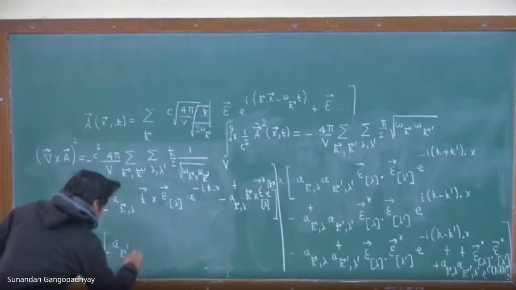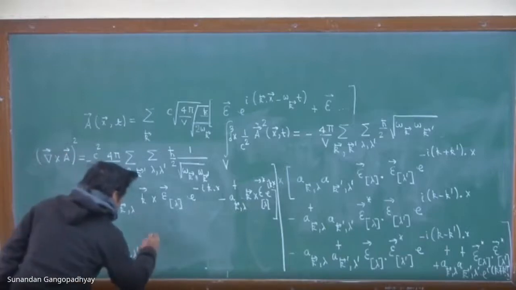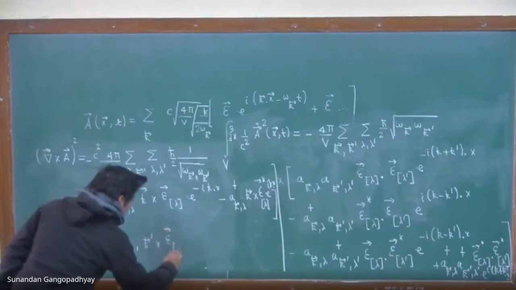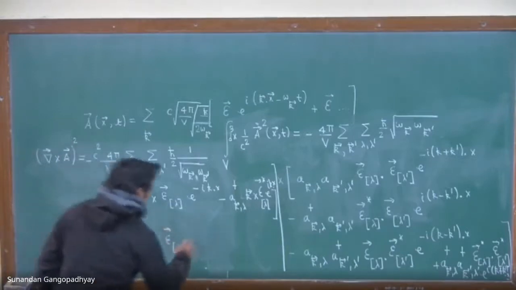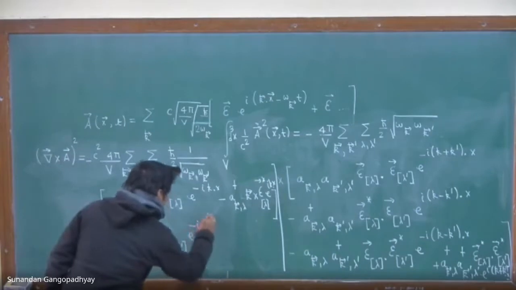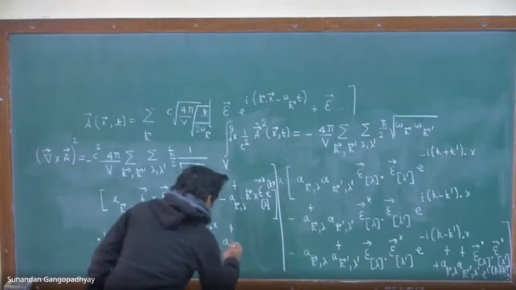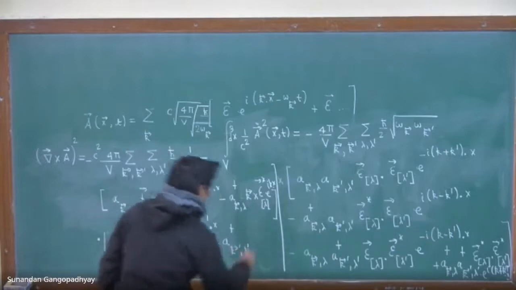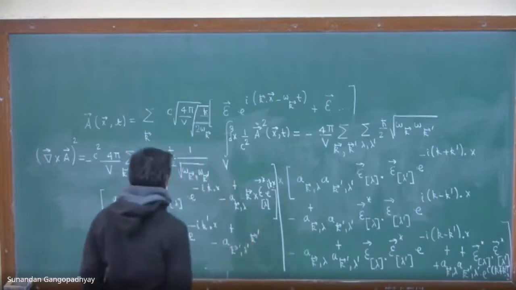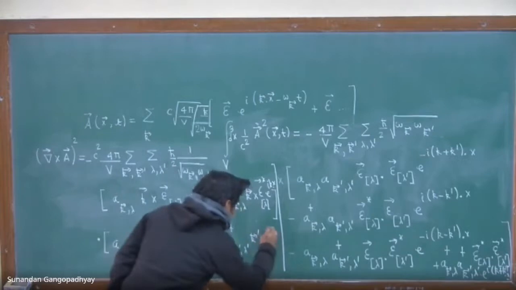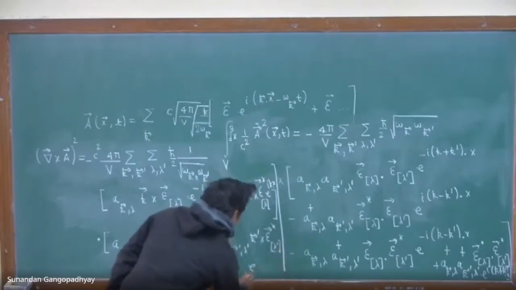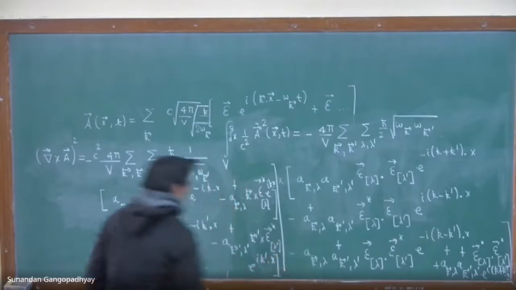It is a k prime lambda prime, k vector prime cross epsilon vector lambda prime, e to the power of minus i k prime dot x, minus a dagger k prime lambda prime, k prime cross epsilon star lambda prime into e to the power i k prime dot x. So this is the full expression.